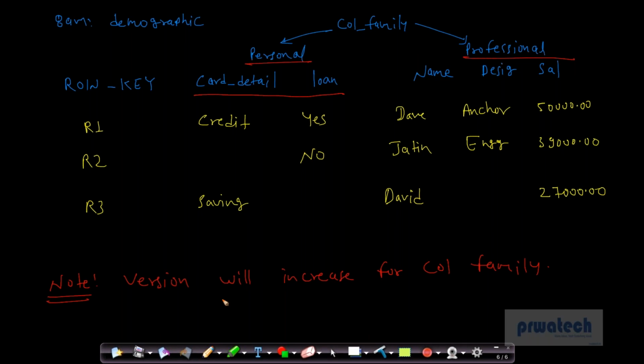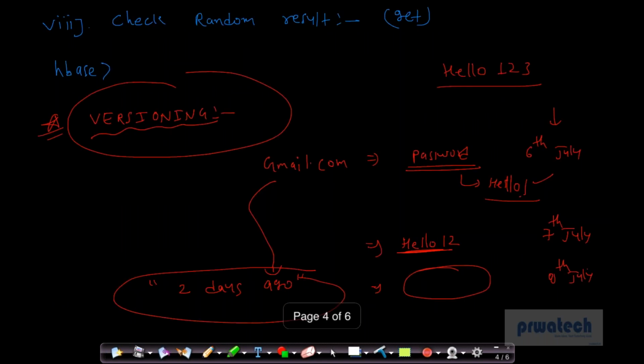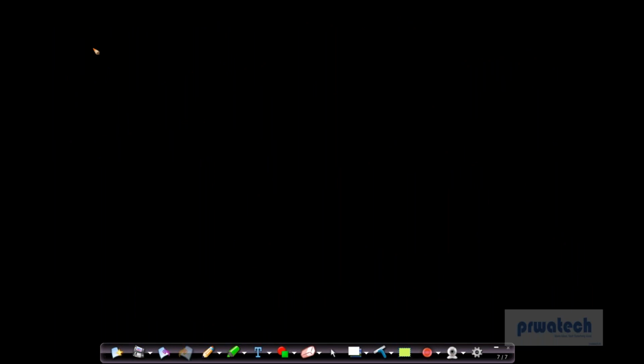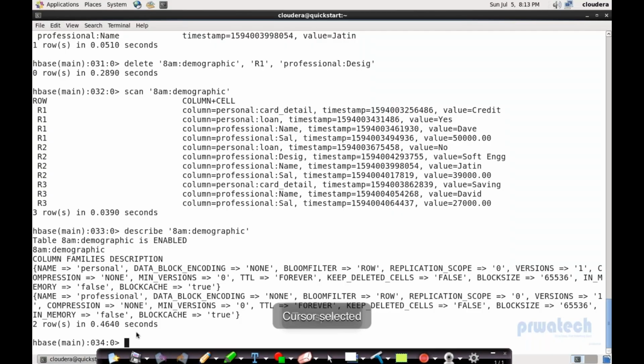And how do we change from one version to another version? The query is as follows. In HBase, the query is, I'm writing here. Suppose you want to change the existing version.